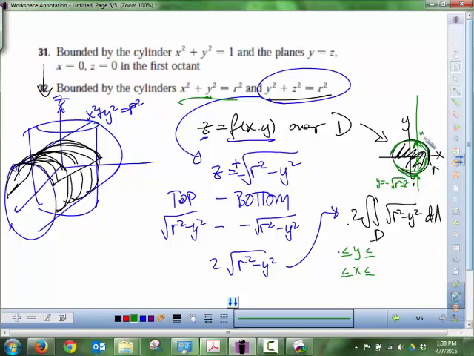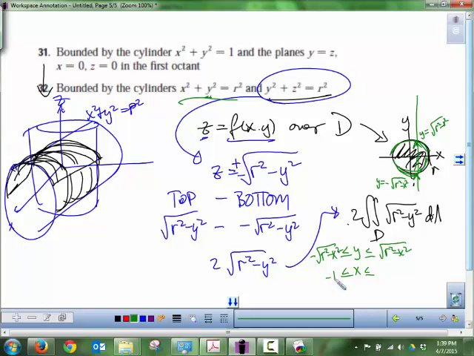And then we will exit the region when y is equal to positive square root of r squared minus x squared. Okay? Those are my limits for y. Negative square root of r squared minus x squared, positive square root of r squared minus x squared. Limits for x? Constants going from negative r to r.